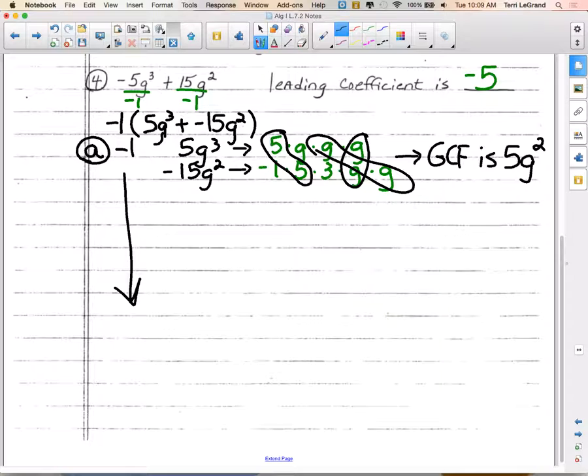And now we will move on to step B, where we are going to take each of these. So we have our 5g cubed plus our negative 15g squared. And we're going to divide each of them by our GCF of 5g squared.